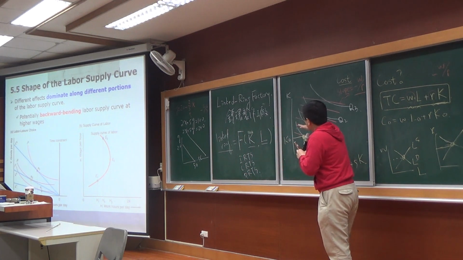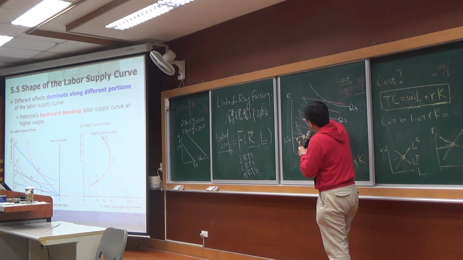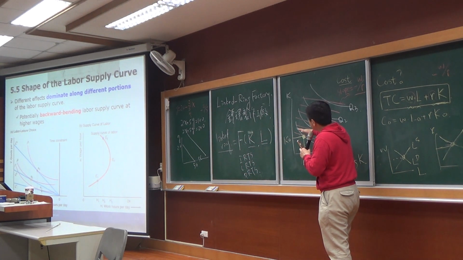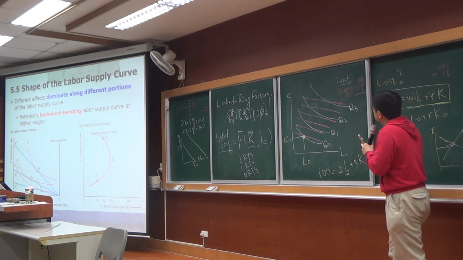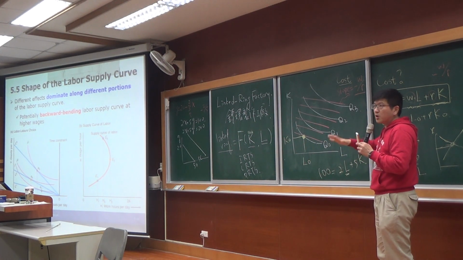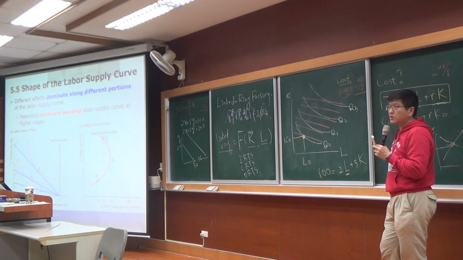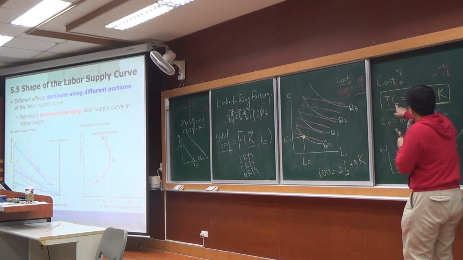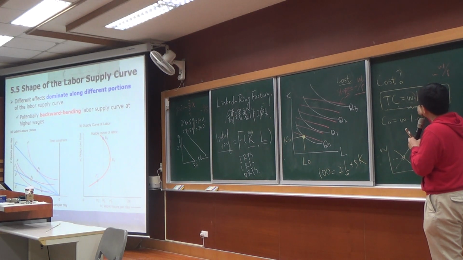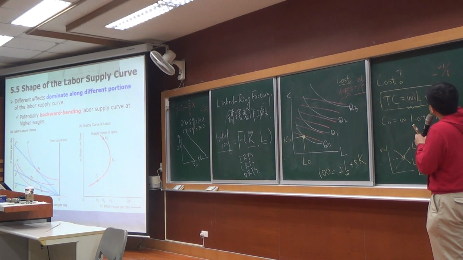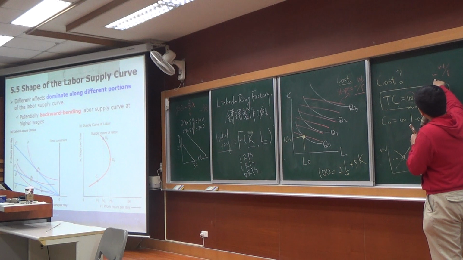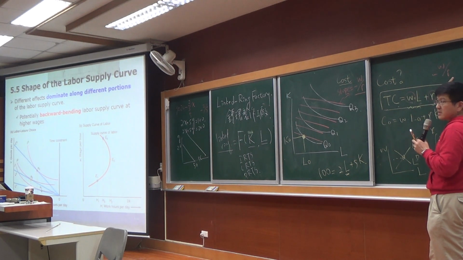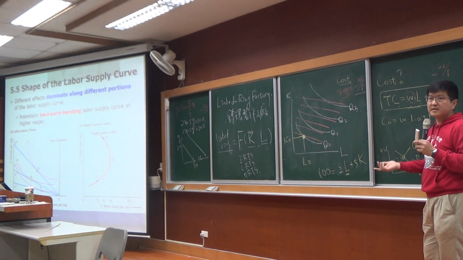So the red parallel straight lines we call cost lines, for cost. And the cost is C equals WL plus RK. The slope would be negative W over R, just like the budget line.